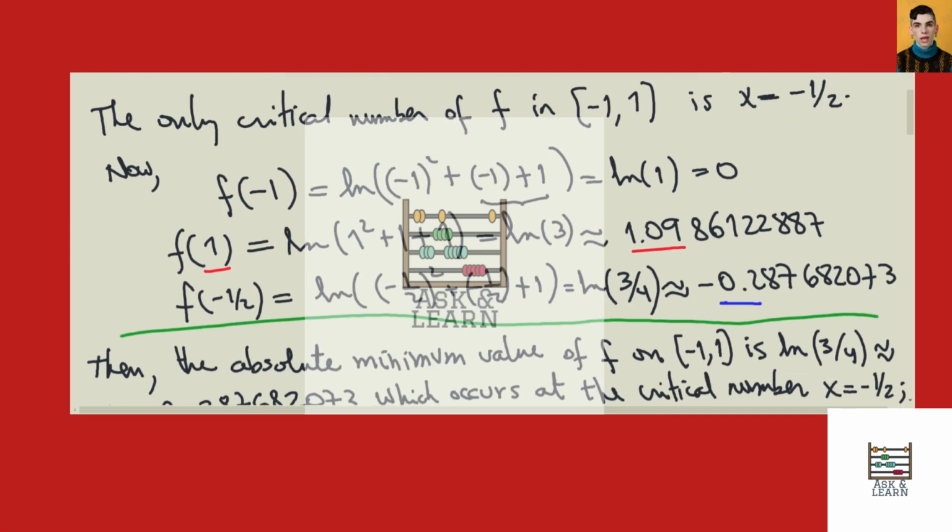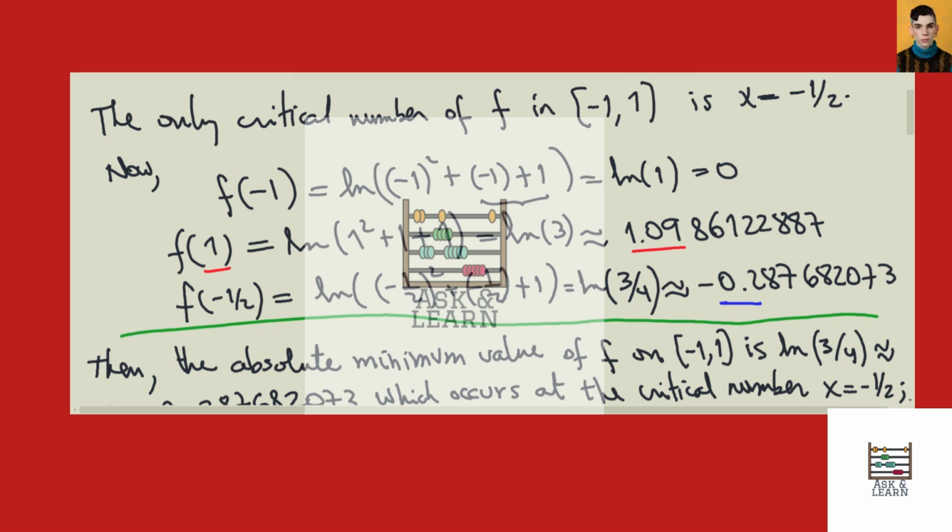The largest value, the absolute maximum over the interval -1, 1, was natural logarithm of 3, which occurs at the right endpoint, x equals 1.